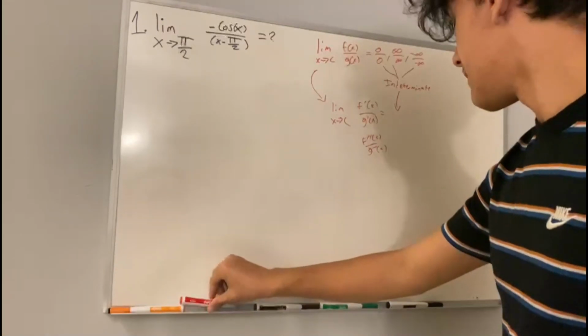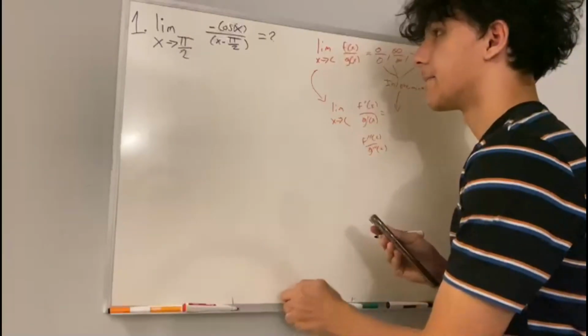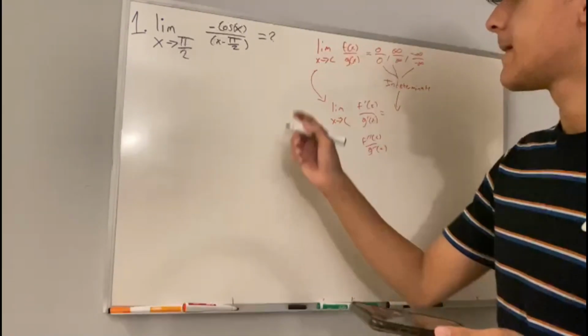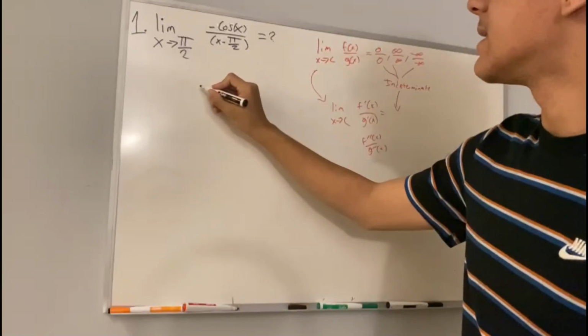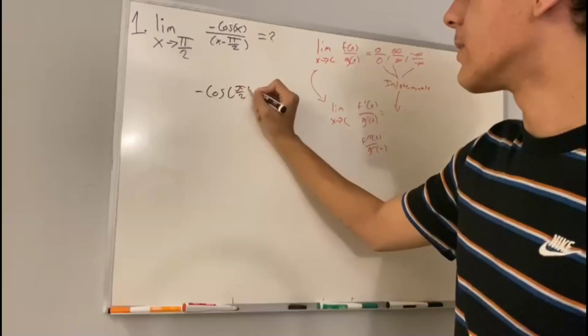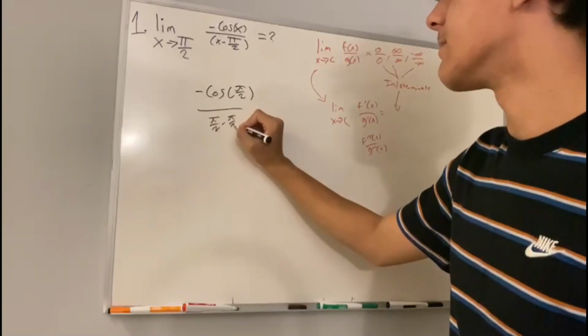So now let's talk about this solution and how you can solve this limit. Let's plug in direct substitution, right? Well, what's negative cosine of pi over 2 over pi over 2 minus pi over 2?